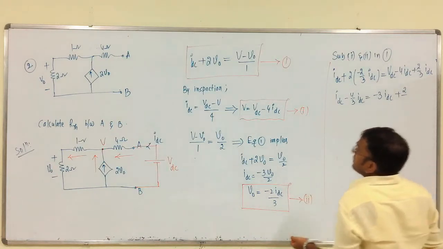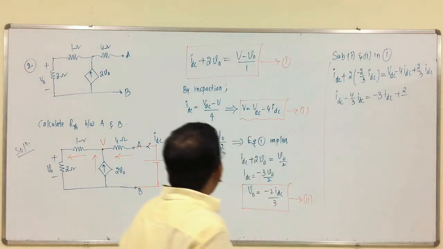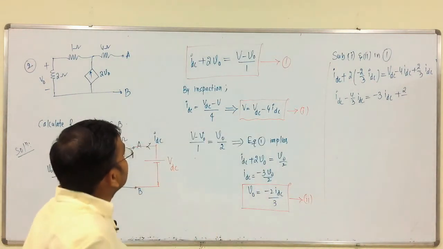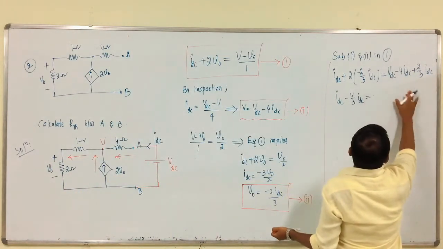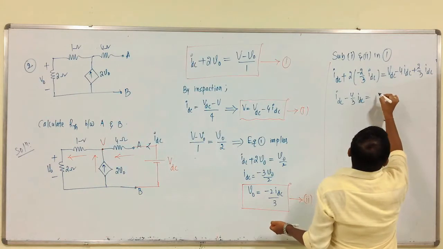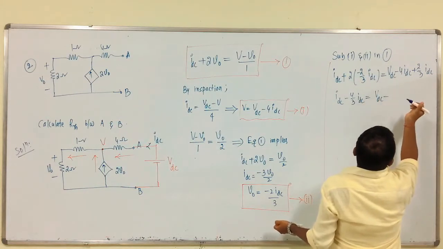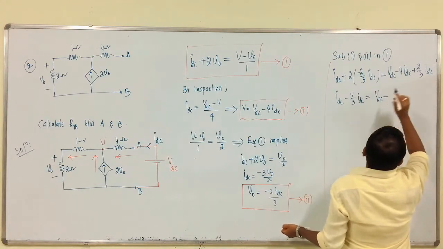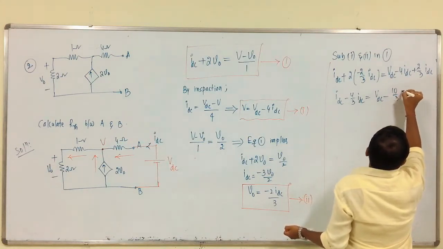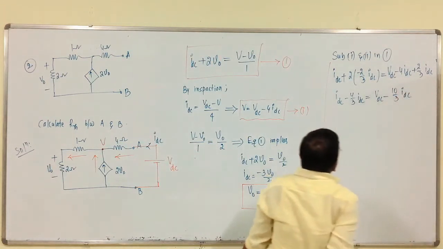Where is VDC? So, this is VDC, right? So, VDC minus 10 by 3 IDC.